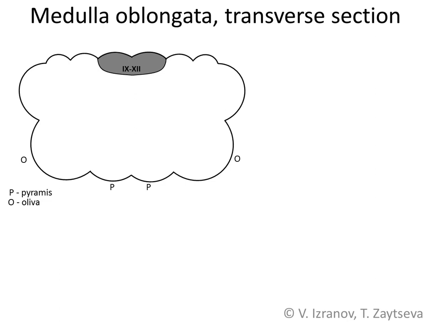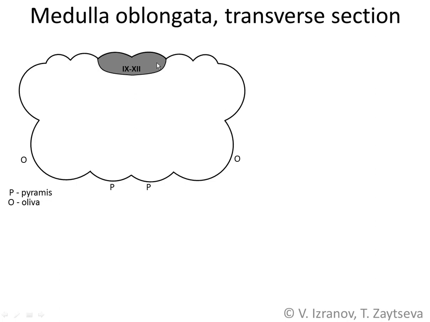So why is it written here 9, 12 in Latin? Because here we can find the cranial nerves from 9th to 12th pairs. So this gray matter contains the nuclei of cranial nerves from 9th till 12th pairs. How can we call this place?